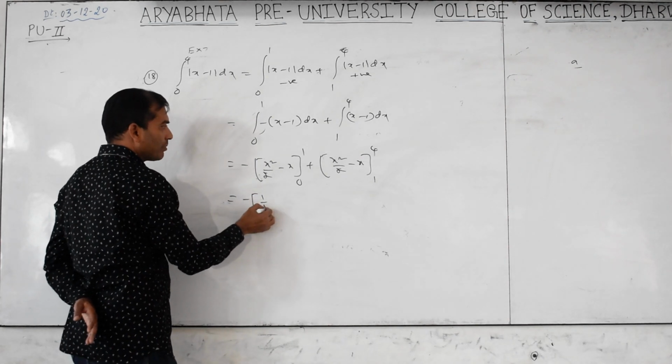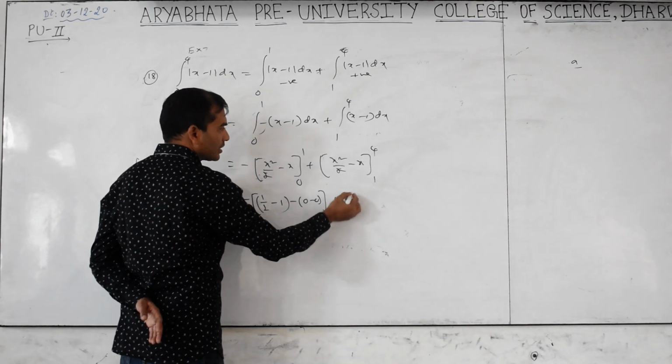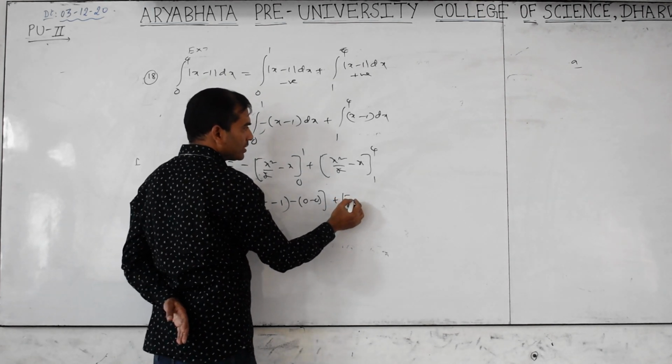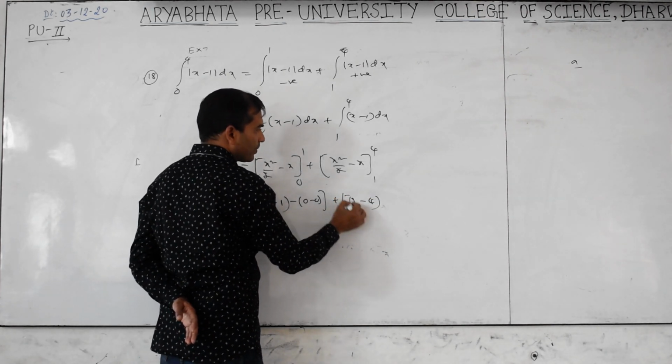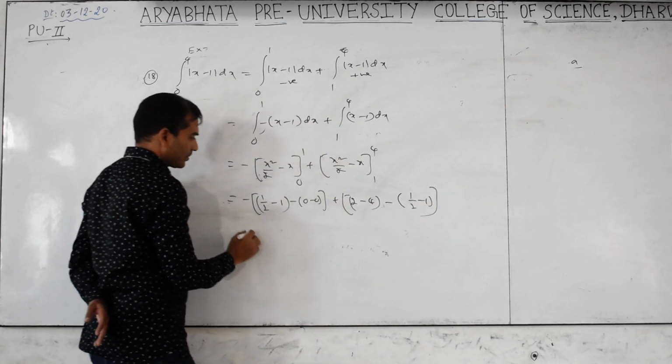Apply the upper limit: 1 by 2 minus 1, minus the lower limit 0, plus 4 square by 2, sorry, 16 by 2 means 8, 8 minus 4, minus the lower limit 1 by 2 minus 1.